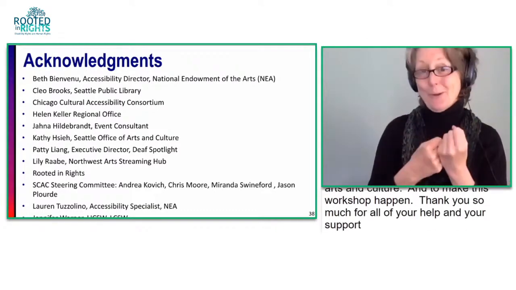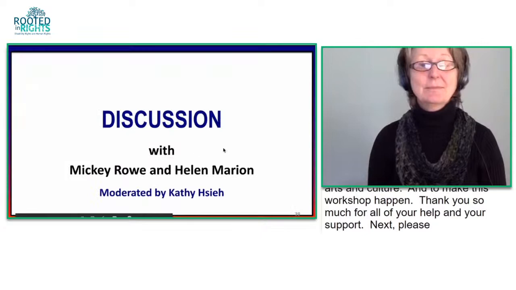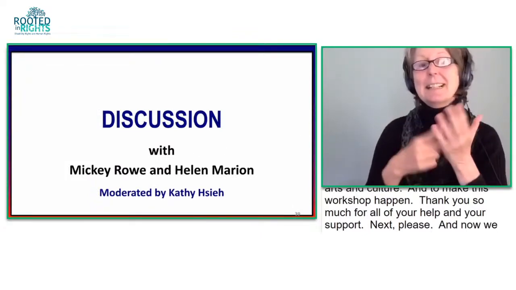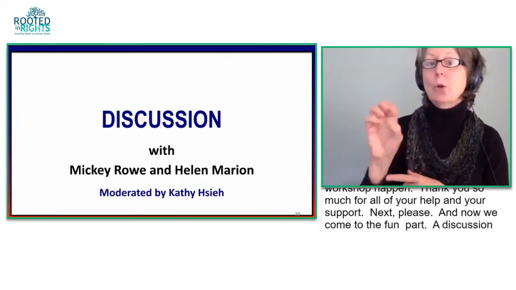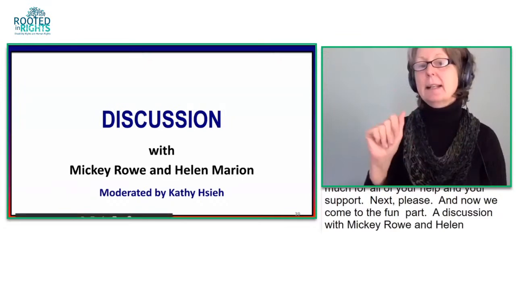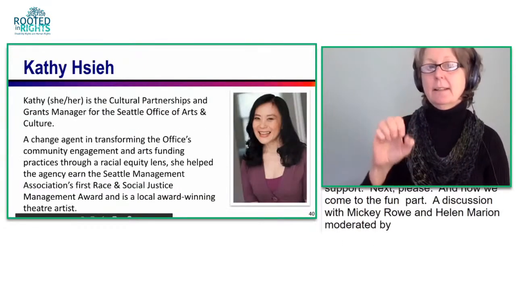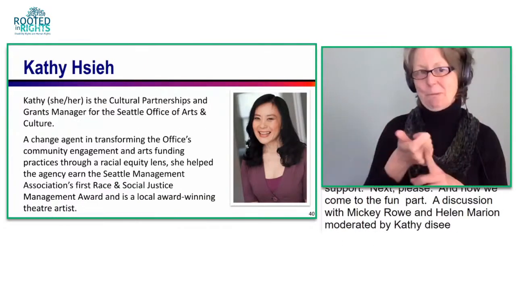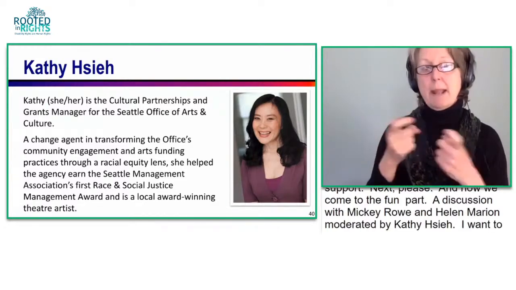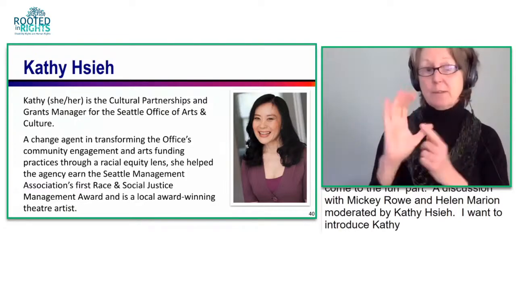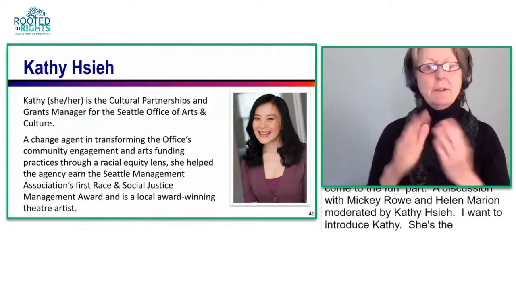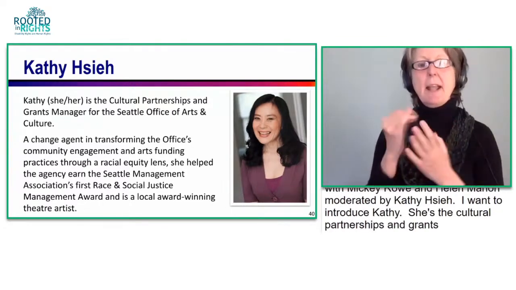Next, please. And now we come to the fun part, a discussion with Mickey Rowe and Helen Marion, moderated by Cathy. Next, please. I want to introduce Cathy. She is the Cultural Partnerships and Grant Manager for the Seattle Office of Arts and Culture, a change agent in transforming the office's community engagement and arts funding practices through a racial equity lens.